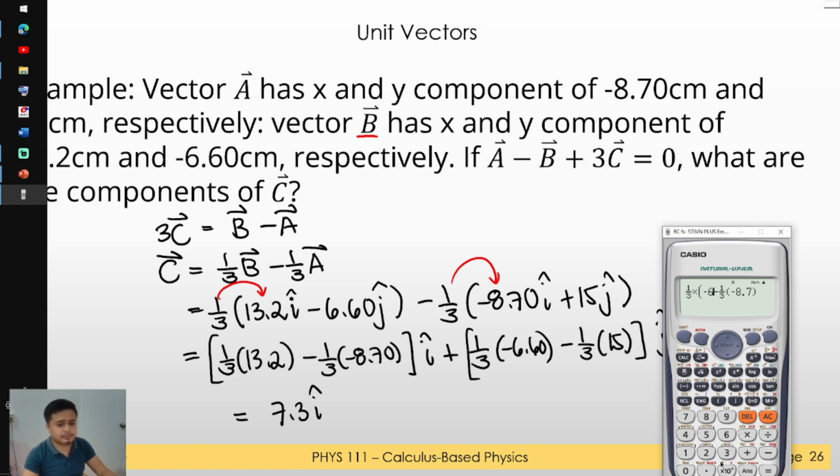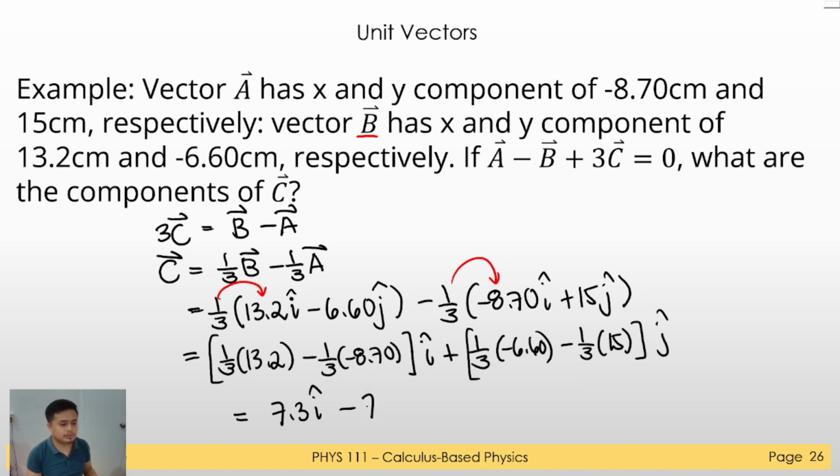So negative 6.6 and then negative 1/3 times 15. So the y component will be negative 7.2 j hat. So this is your final answer for the components of C. So basically C is this vector in unit vector notation.